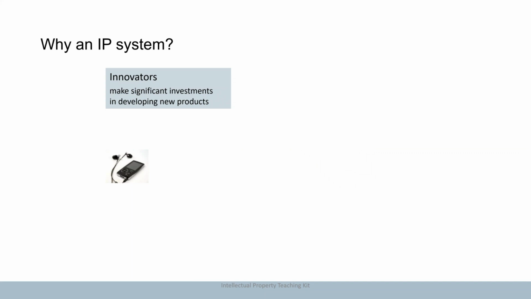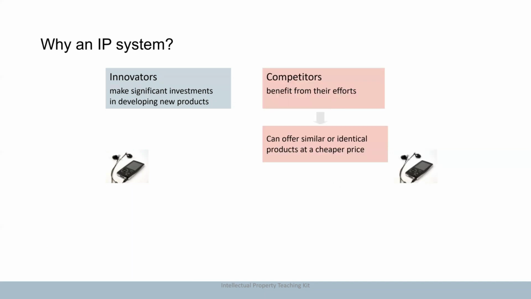And then we have other competitors of that company that didn't really develop it by themselves, but once they have seen it on the market, sold by the innovator, they can just buy one piece, reverse engineer it so as to copy it, build it, and sell it to the market, competing with the first one.